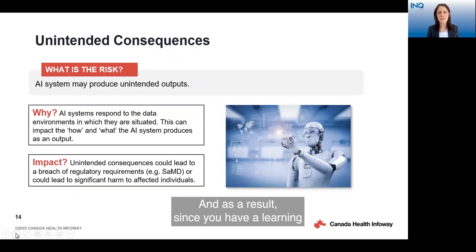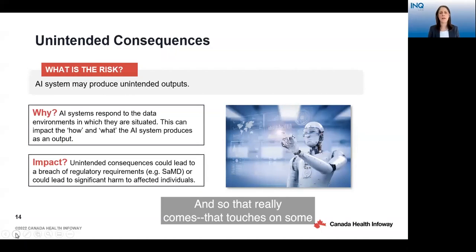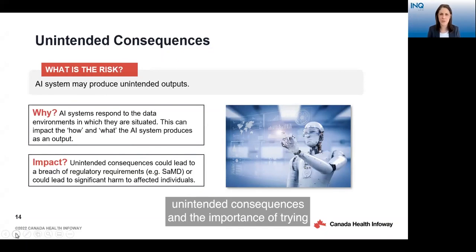And as a result, since you have a learning computer system, you have the potential that what was initially intended by the developer may change over time, or that the output is not exactly what you expected.